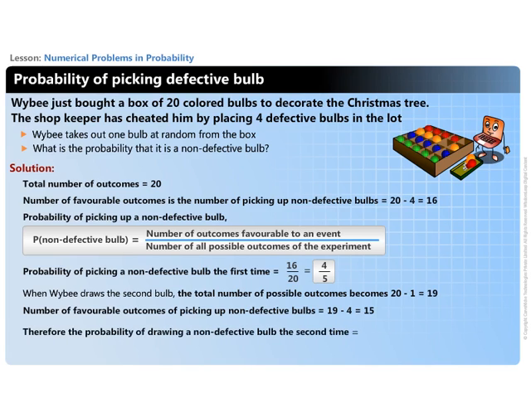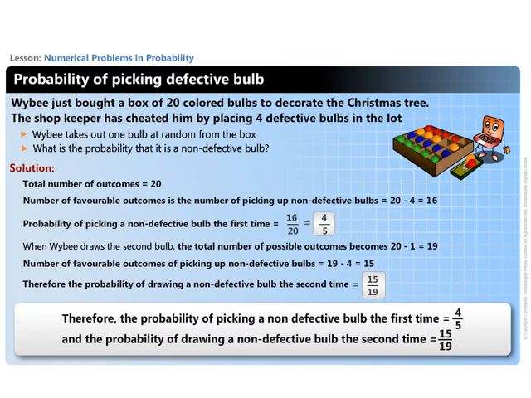Therefore, the probability of drawing a non-defective bulb the second time is equal to 15/19. Therefore, the probability of picking up a non-defective bulb the first time is equal to 4/5, and the probability of drawing a non-defective bulb the second time is equal to 15/19.